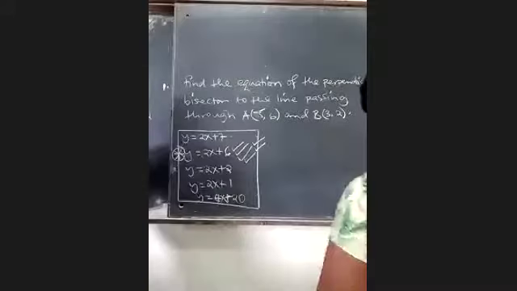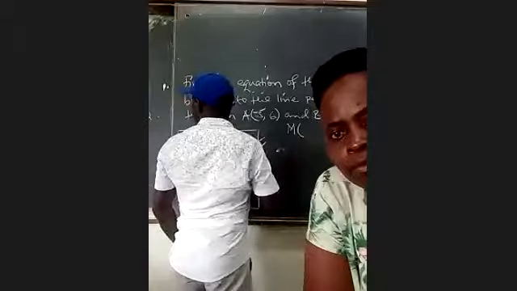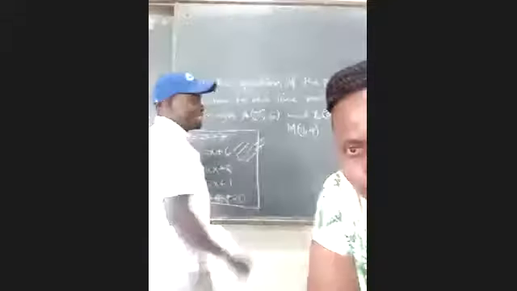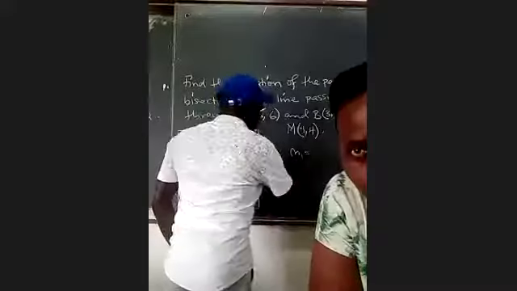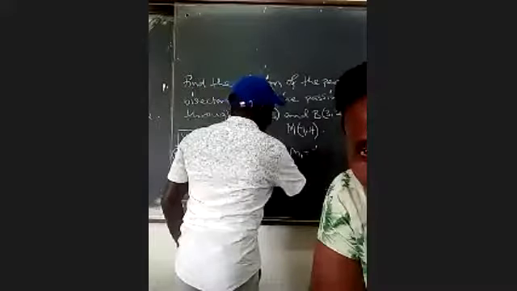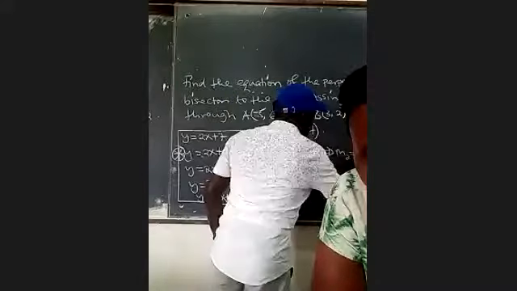I'm very sure you got the point as -1, 4. That's the midpoint. The gradient of the first one is -half. And this implies that M2 is 2.